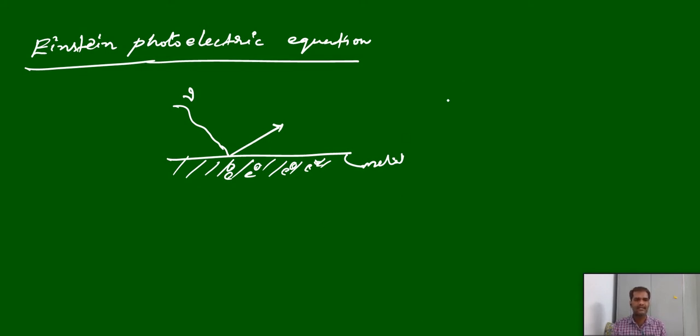Here we have three conditions. One is you can supply a frequency more than the threshold frequency. Actually, to remove this electron, we require some minimum amount of frequency or energy, that is the threshold frequency or work function. And if you supply more than that, what happens?